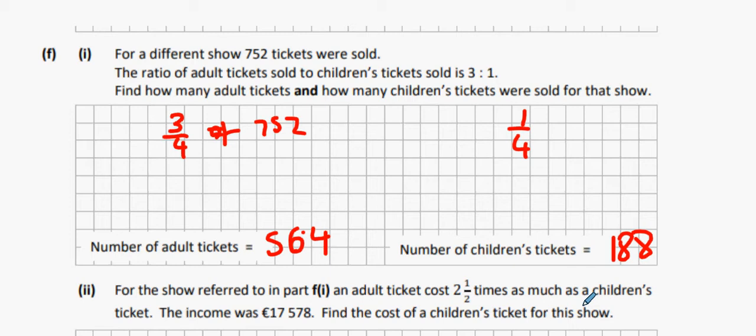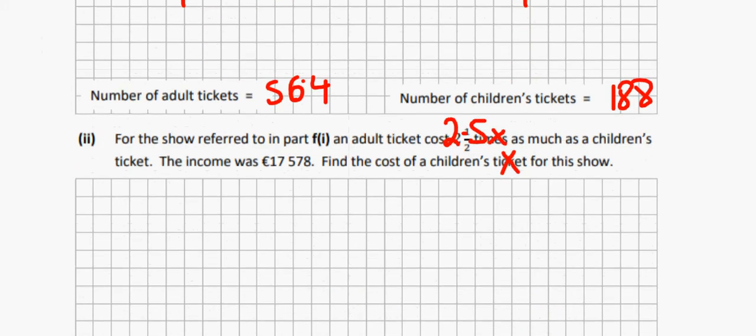You don't know what it is, so you have to think of a letter. Okay? So what you want the cost of the children's ticket to be? X. What does the cost of the adult's ticket have to be then, if it's 2.5 times bigger? 2.5x.